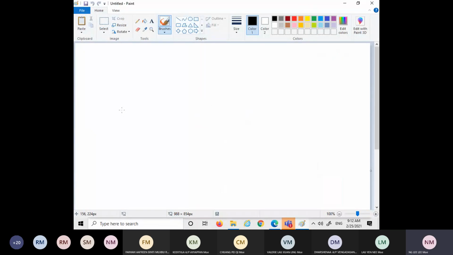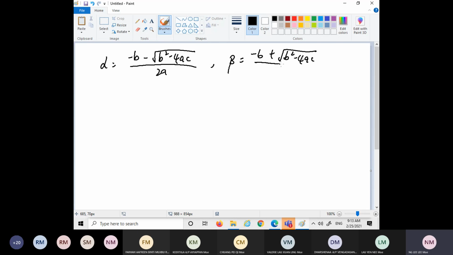You have your hard copy of the textbook. They give alpha as negative b minus the square root of b squared minus 4ac, over 2a, and beta as negative b plus the square root of b squared minus 4ac, over 2a.